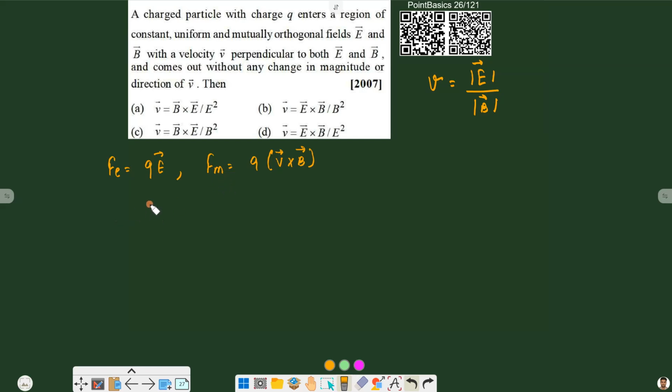So we can say qE plus q V cross B is equal to 0.